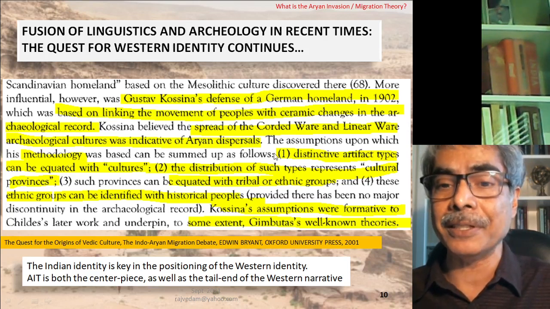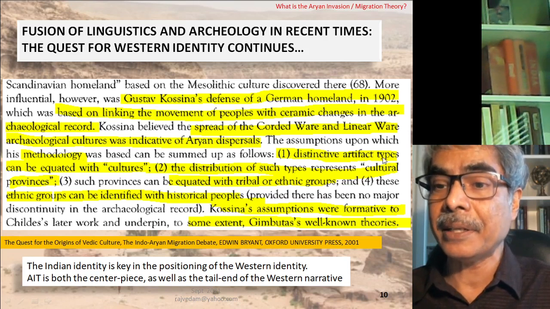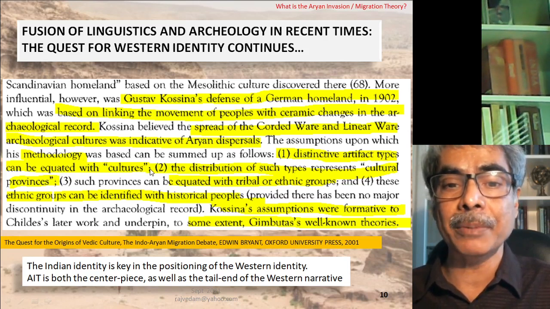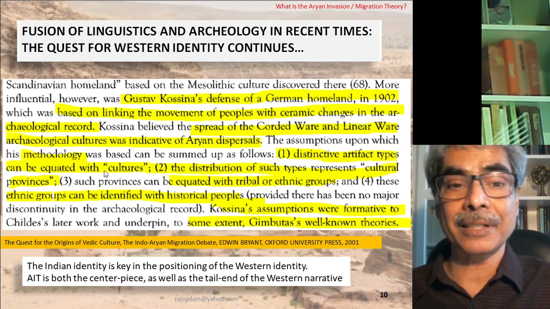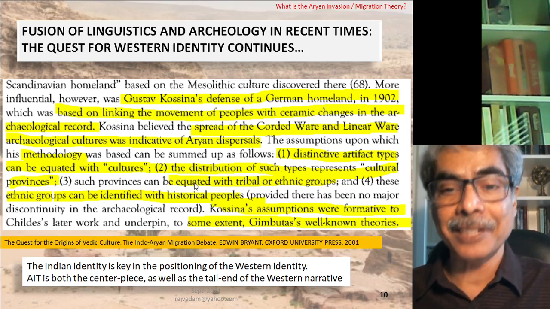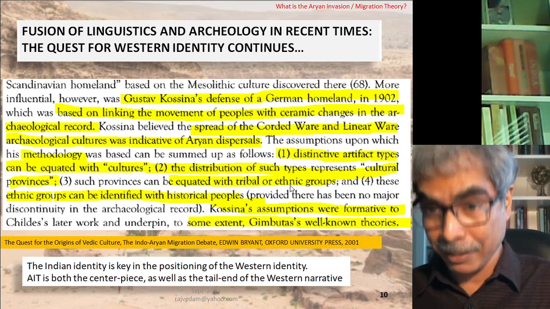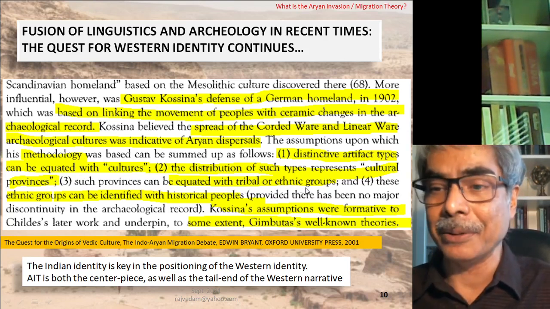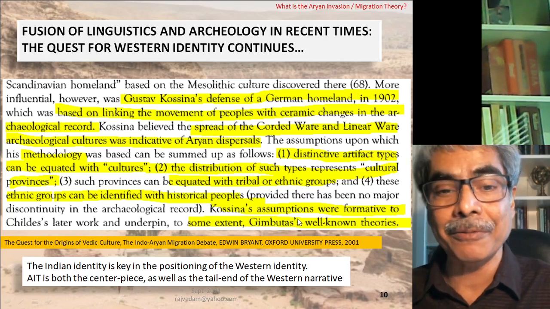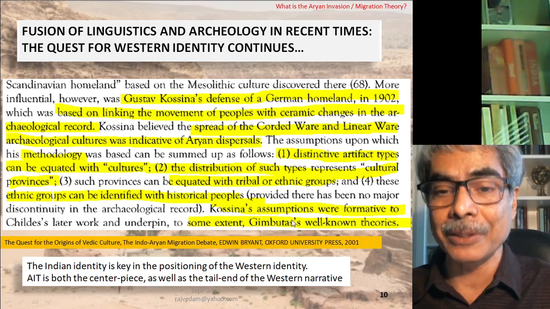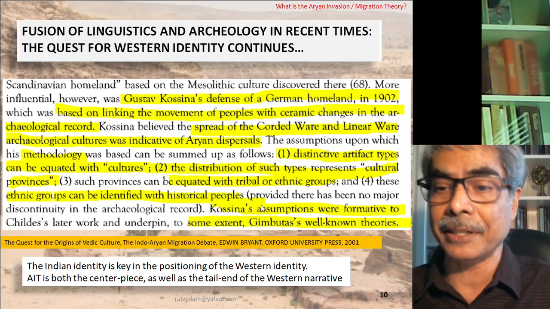And his methodology is that distinctive artifact types are equated with cultures. The distribution of such types represents cultural provinces, and such provinces can be equated to tribal or ethnic groups.